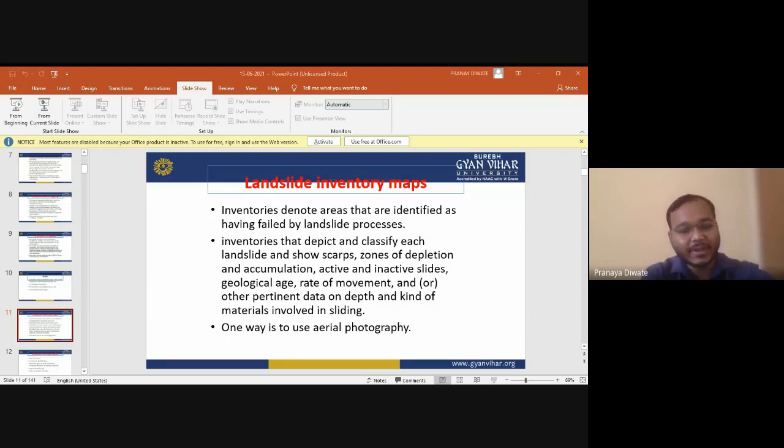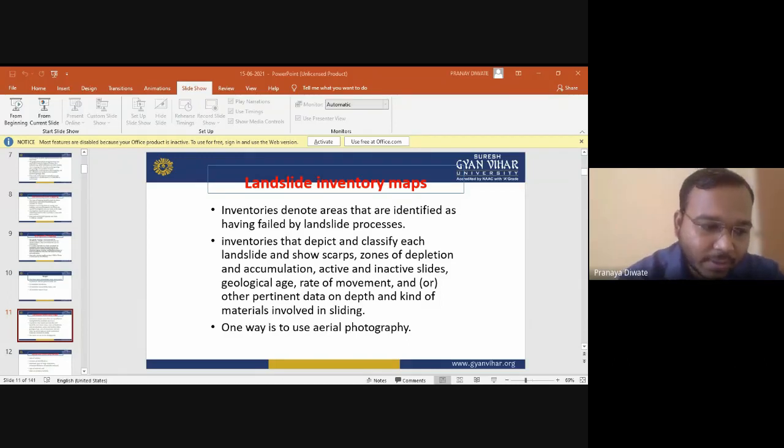Landslide inventory detail. First, you need a landslide inventory map. After the inventory map, you need an inventory detail.